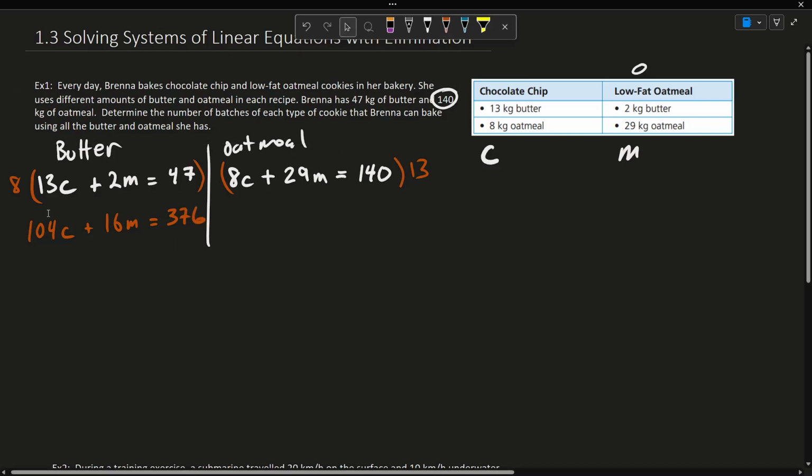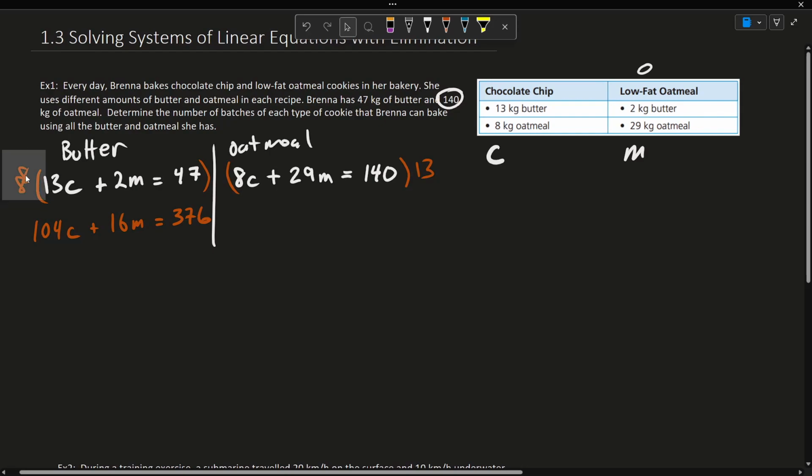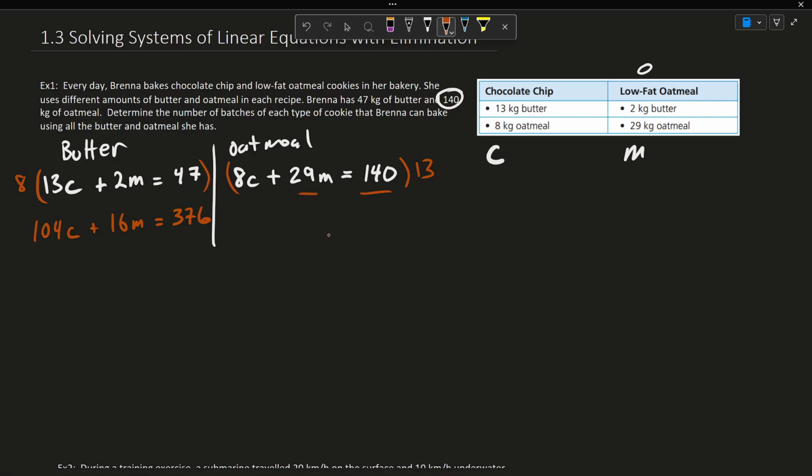So what did I do here? I just took the 8 and multiplied it into here, here, and here. If you're still not sure why, you'll see in a moment, because I've now taken 8 times 13 as the coefficient of C. Over here, I'll be doing the same thing. I'm going to take this 13 and multiply it into each of these values, and we'll end up with a very nice situation.